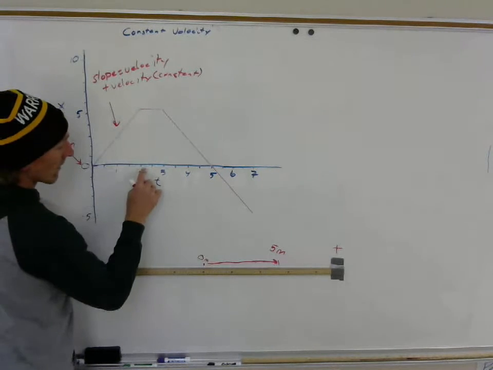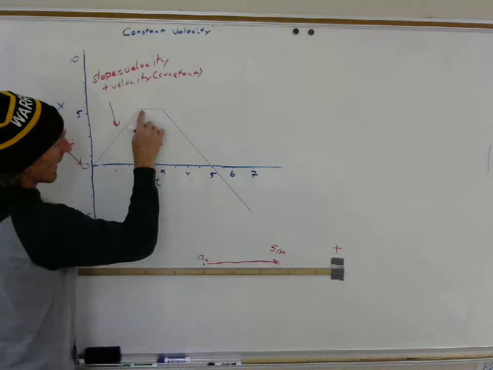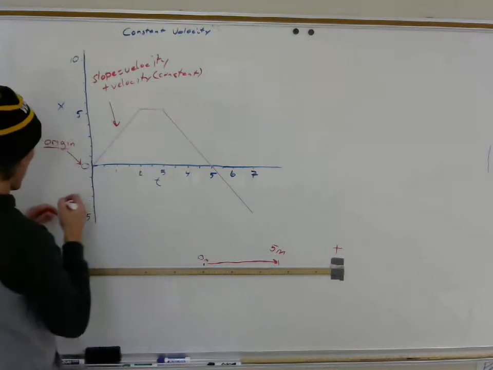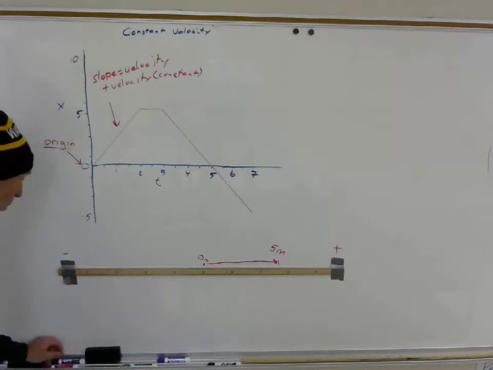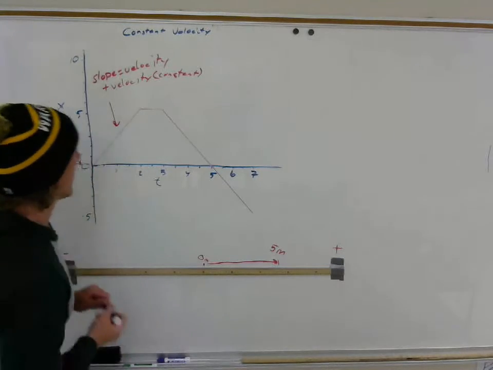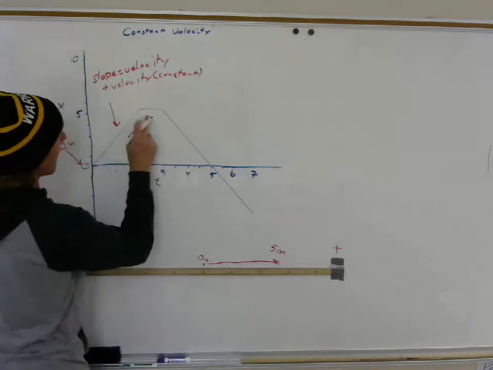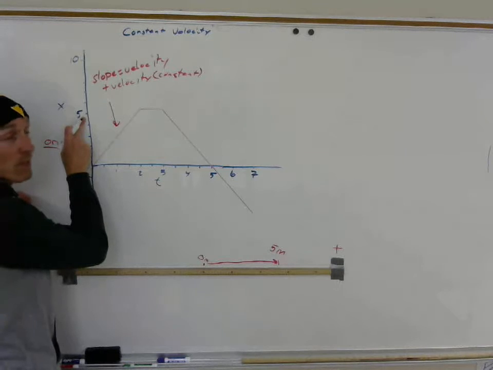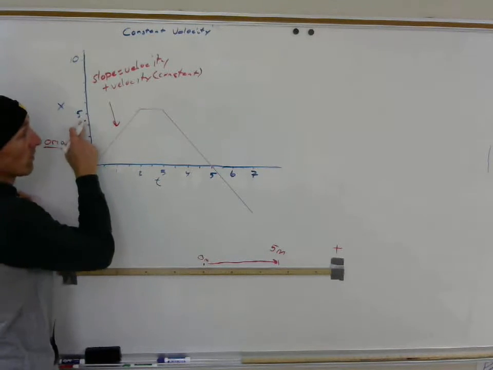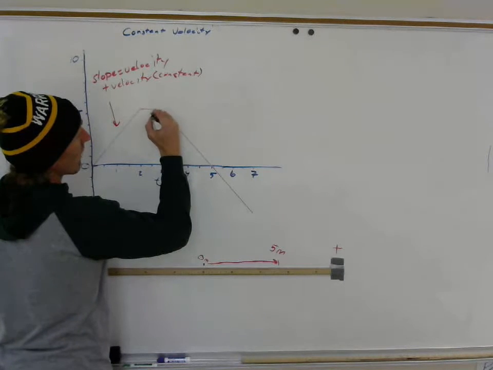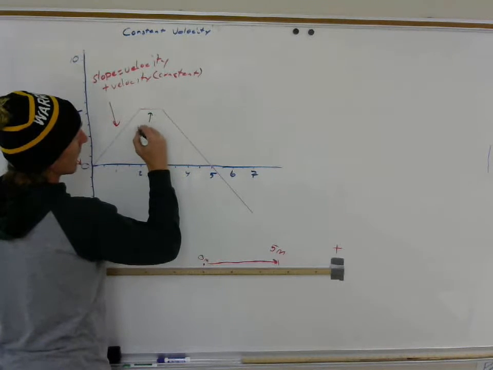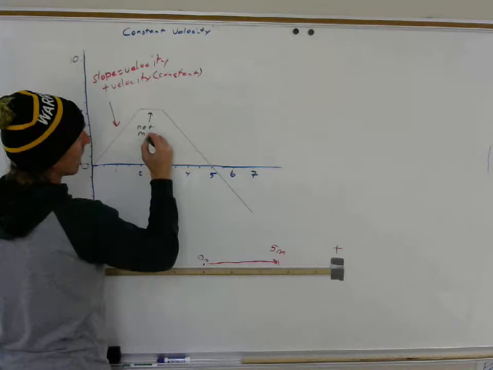Then for a second, this is 2 seconds, 3 seconds, it's flat. So if it's flat, what does that mean? It means that as that second went by, I stayed at the exact same position, meaning I didn't move. So this right here means I'm not moving.